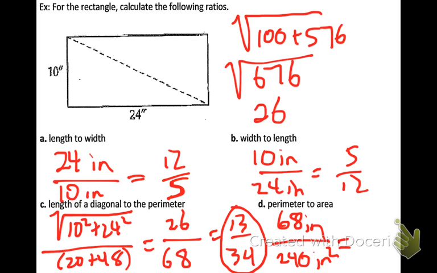Now, since I don't have the same units, the units don't cancel. So we would just reduce the numbers. 4 goes into both of those. So it'd be 17 inches over 60 inches squared. All right, questions?